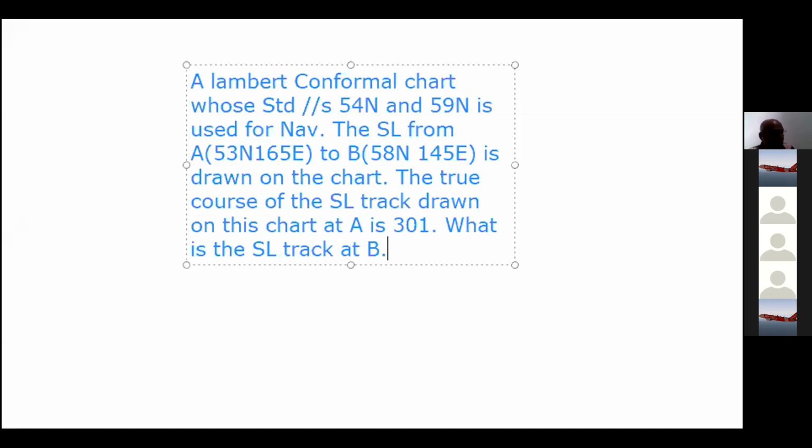Because change of longitude into sine parallel of origin. So I think we misinterpreted the question. What did you interpret it as? No, because at first we thought the straight line is a rhumb line. That's why we misunderstood. Yeah.